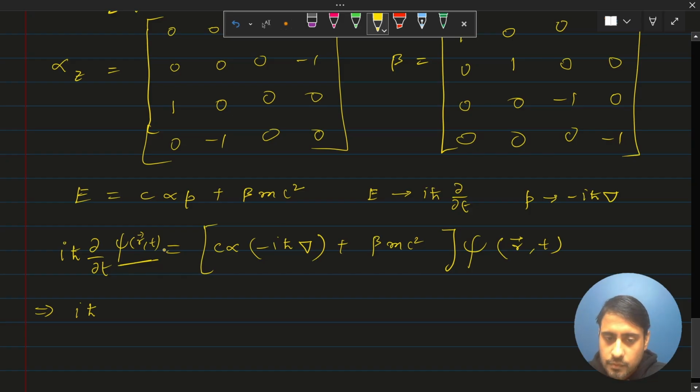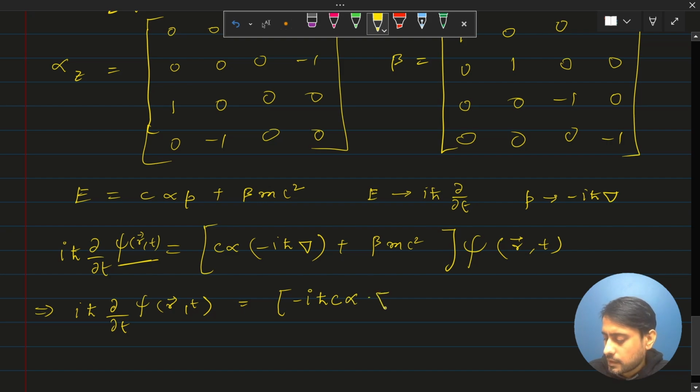So we can write it as, now we can do a little manipulation here, that del over del t, left hand side it will be the same, psi of r comma t, and let's write in a simpler manner, minus i h bar c and then alpha dot del plus beta mc square, okay, psi r comma t.